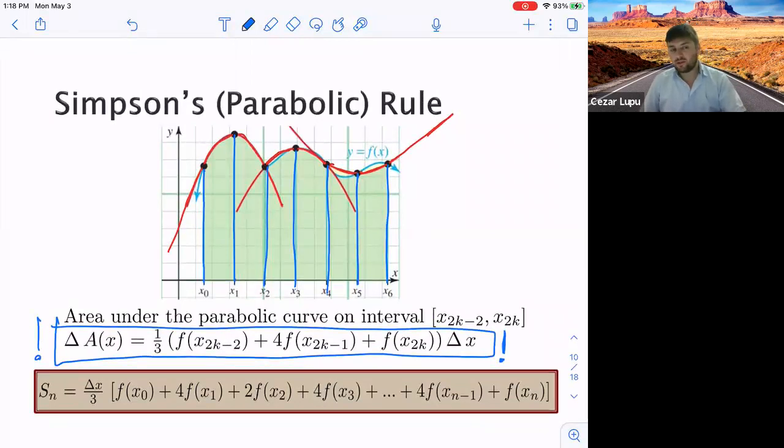So I'll denote the Simpson rule by Sn, which is delta x over 3 times f of x naught plus 4 f of x1 plus 2 f of x2 plus 4 f of x3, and so on, plus 4 f of x n minus 1 plus f of x n. So that's what we call the Simpson rule.